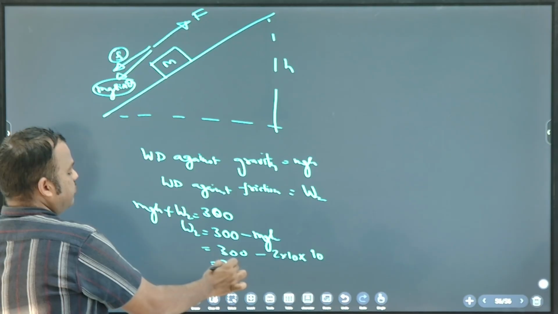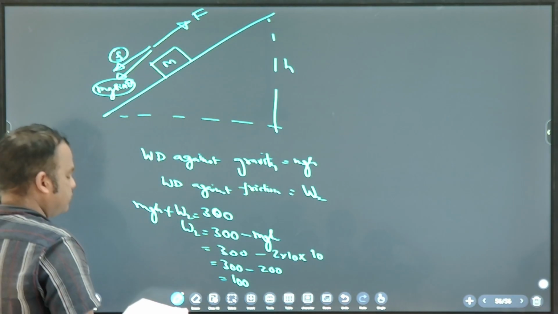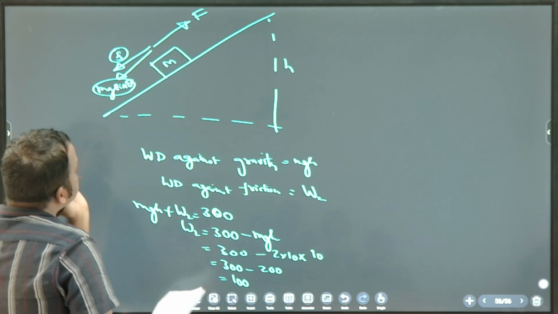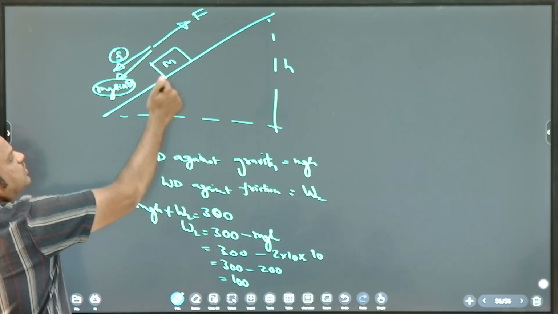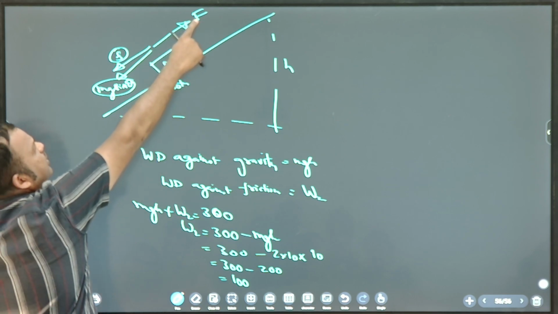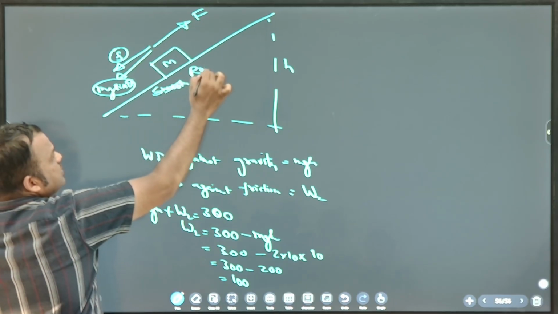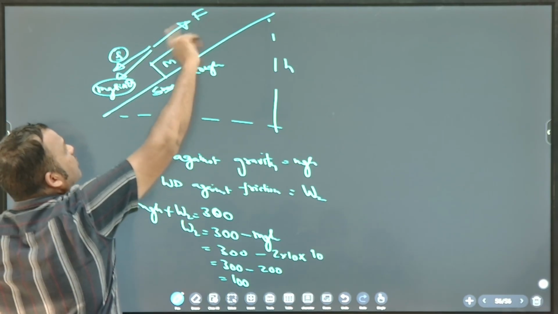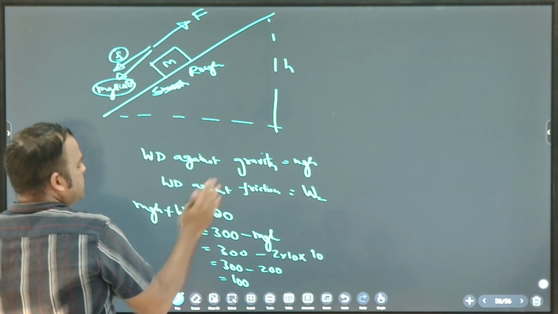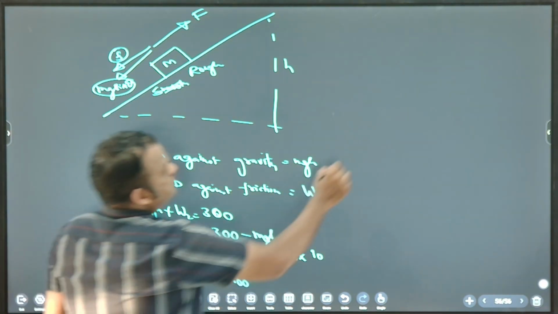So 300 minus 200, 100. Okay, 100 joule. Suppose it is smooth, then you are doing work only against gravity. But here it is rough, so you are doing work against gravity and against friction. So work done against gravity plus work done against friction, total is equal to 300.